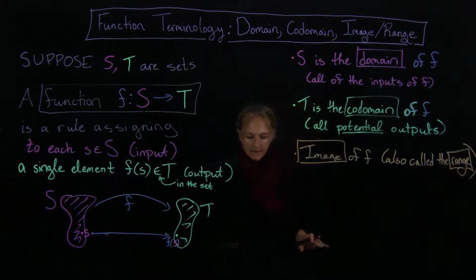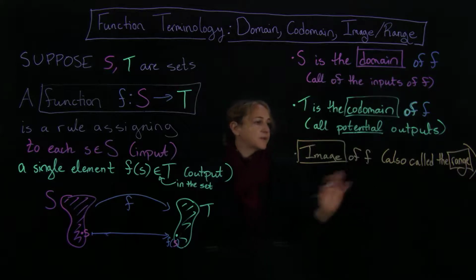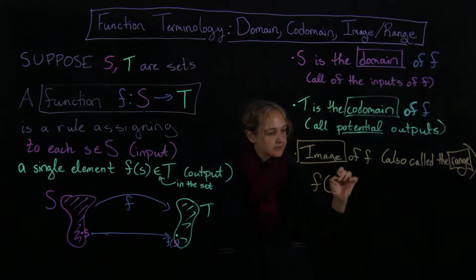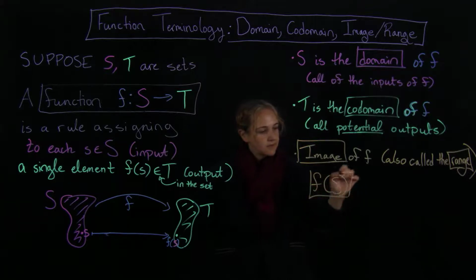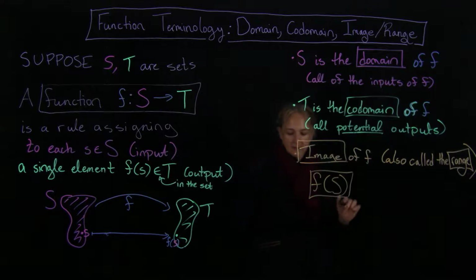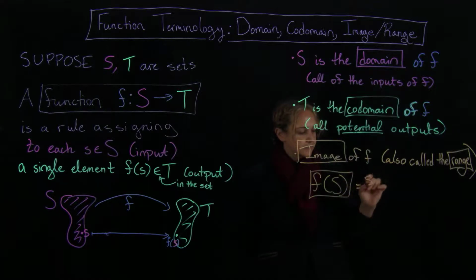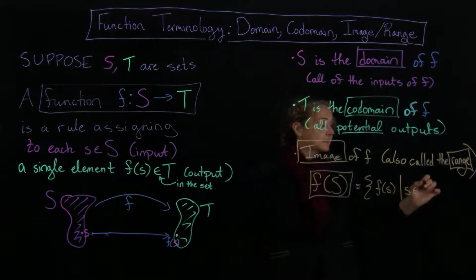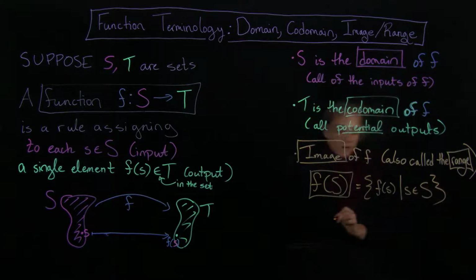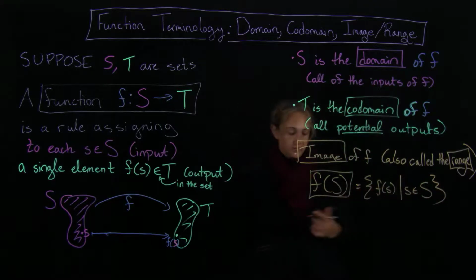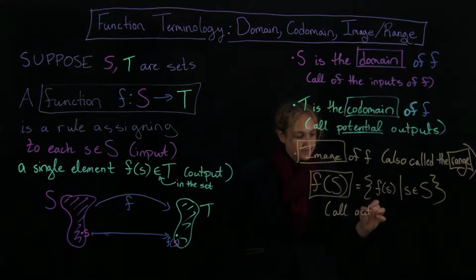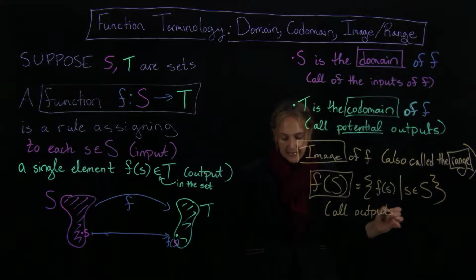And we have special notation for this: we write f and then big S. Technically this is the set of all f of s, so the set of all outputs, such that s is in this set S. So this is all the outputs of f. Not potential outputs, actual outputs.